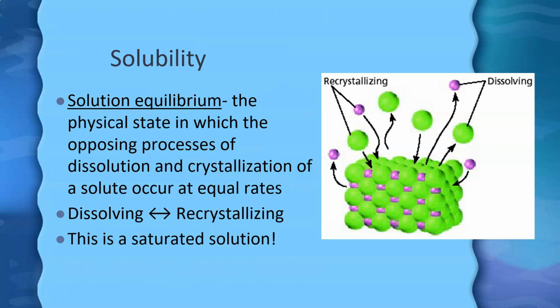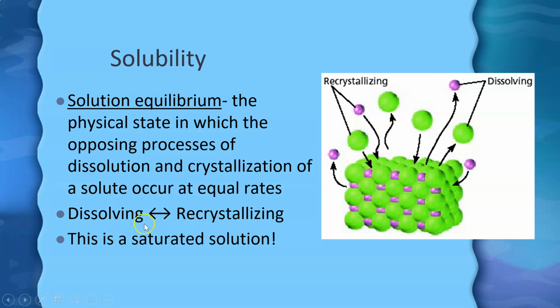When we are at saturated solutions, we are at what is called equilibrium. This is the first time we'll see that. A lot of times we'll see it next year. In equilibrium, the opposing processes of dissolving, so dissociating and solvating, and crystallizing, where the ions are solidifying again onto a particle of the solute, are occurring at equal rates.